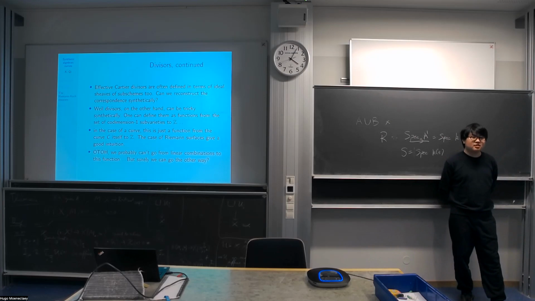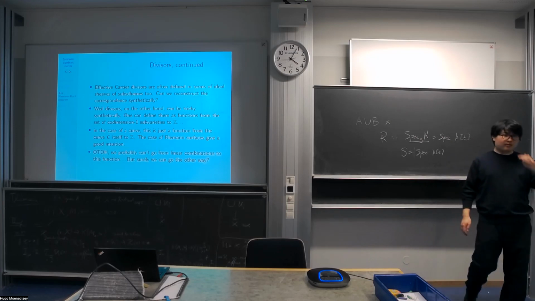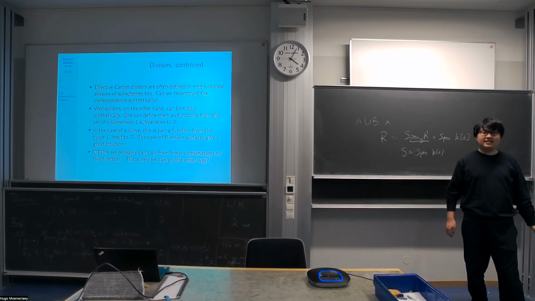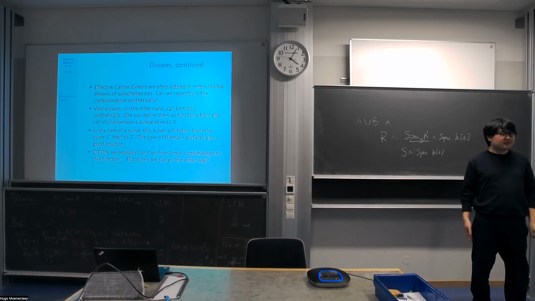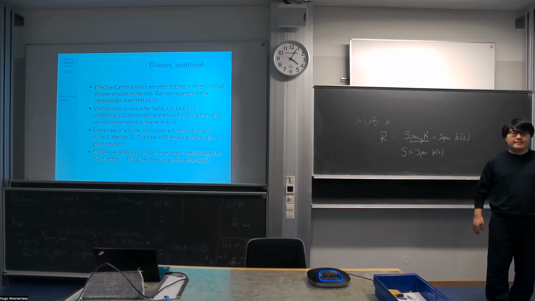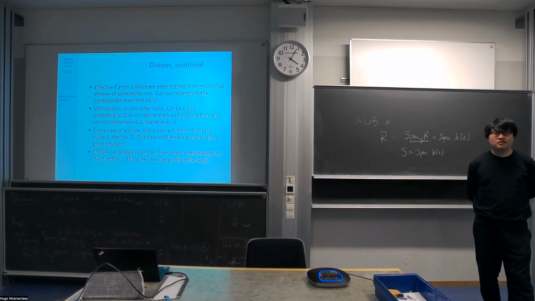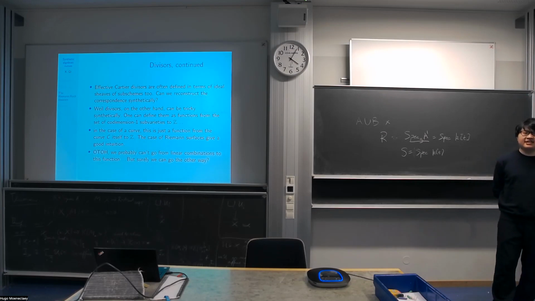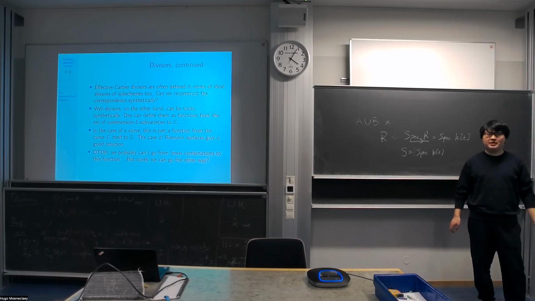The k-valued points, and then it makes sense to consider a map to Z. Classically, it doesn't make sense to take a map from the scheme to Z. Classically, it really only makes sense to look at the k-valued points.